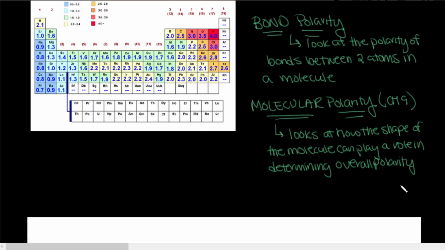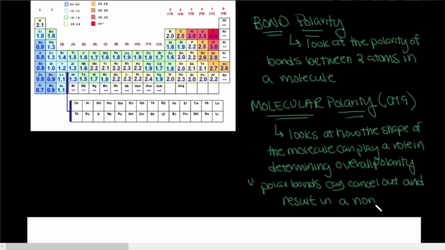In other words, the spoiler alert here is that polar bonds can cancel out and result in a nonpolar molecule. Okay, but we're not going to worry about that right now. Let's just look at bond polarity. Okie dokie.